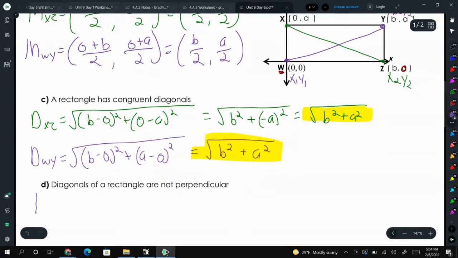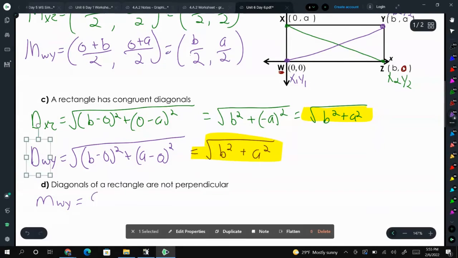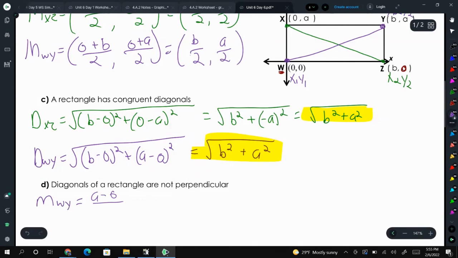So the slope, little m, of wy, it's y2 minus y1, so a minus 0 over x2, which is b, minus x1, which is 0. So the slope of wy, the purple line, is a over b. Now let's find the slope of the green line.